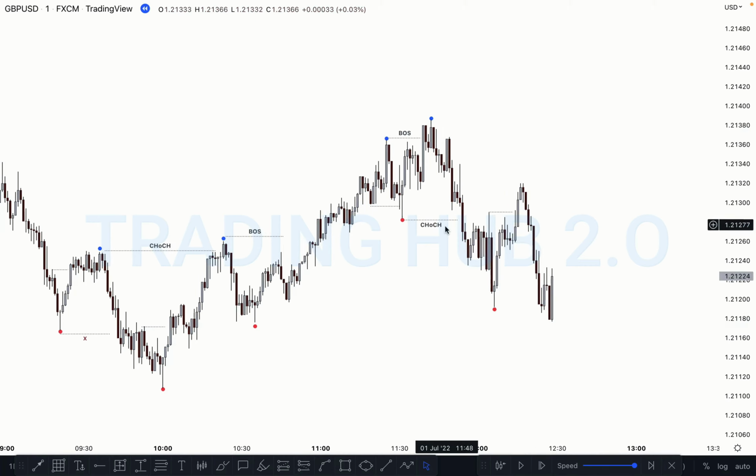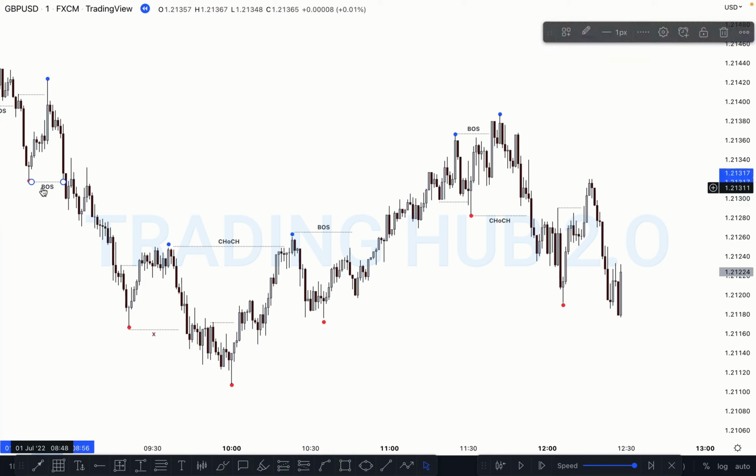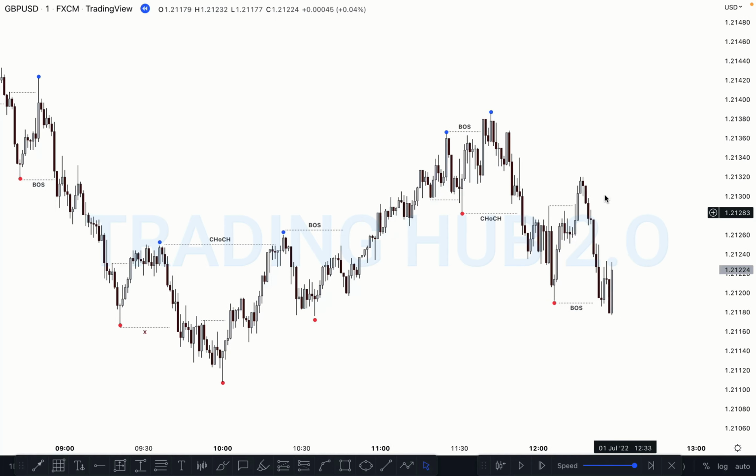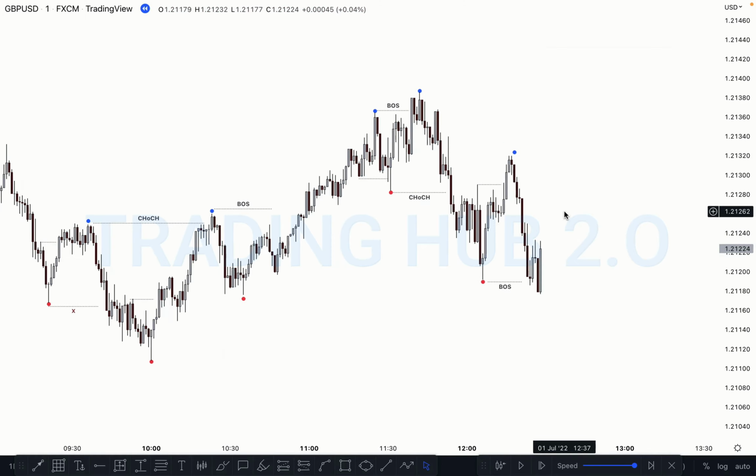Okay, completely broken on the downside, and this one is called break of structure, and we can see this move is called a lower high, and now we are shifting bullish to bearish, and this is a BOS, and again this one is our minor high, minor structure.